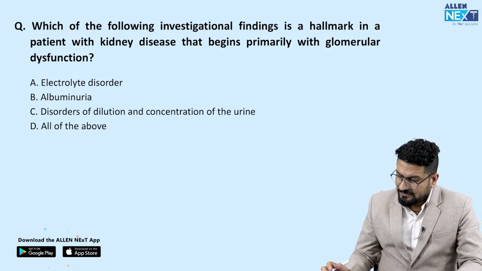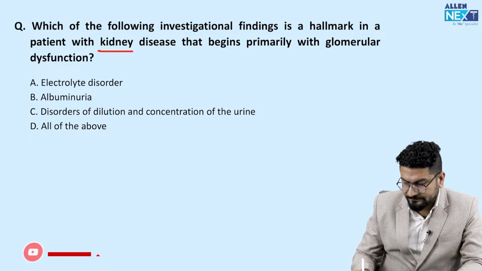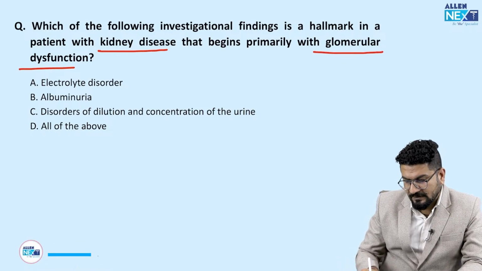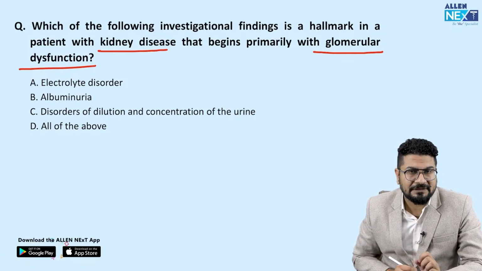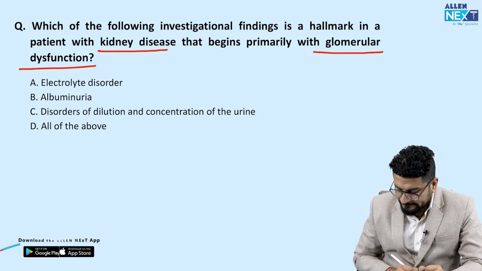The question: which investigation finding is a hallmark in a patient with kidney disease that begins primarily with glomerular dysfunction? Whenever there is a problem in the glomerulus, remember the first finding is microalbuminuria.